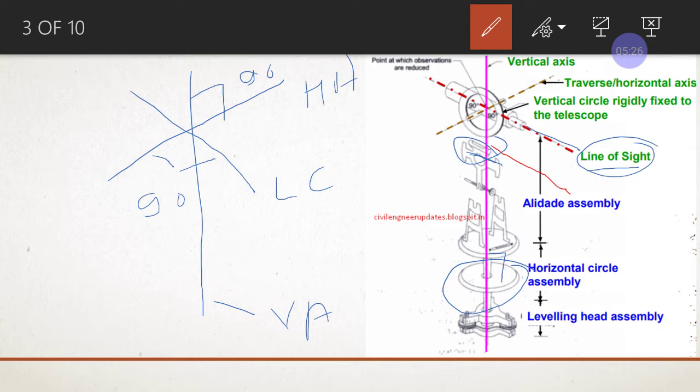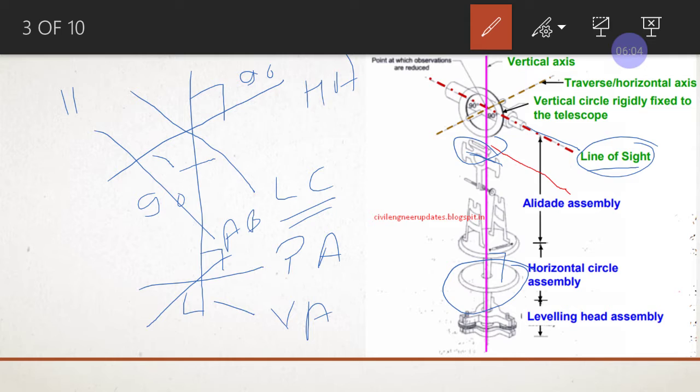Next, the line of collimation and the altitude bubble axis are parallel. One more thing is the plate axis, which is perpendicular to the vertical axis.